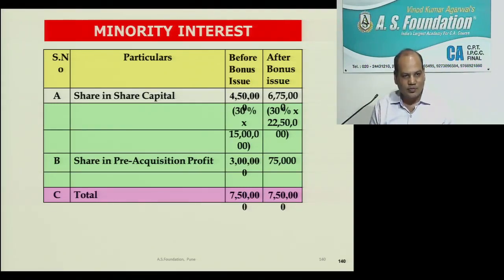In case of bonus share issued out of pre-acquisition profit, shareholding percentage remains the same, goodwill or capital reserve remains the same, minority interest remains the same, and cost of acquisition remains the same. Only numbers will change, but that doesn't affect my answer. We don't write numbers in the balance sheet, we write rupees. So all rupee-based figures will remain the same.